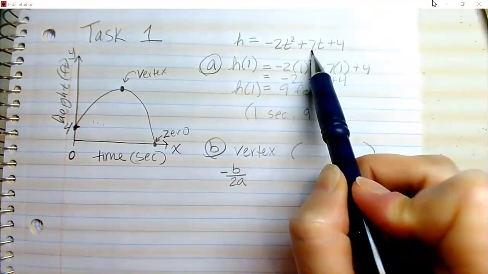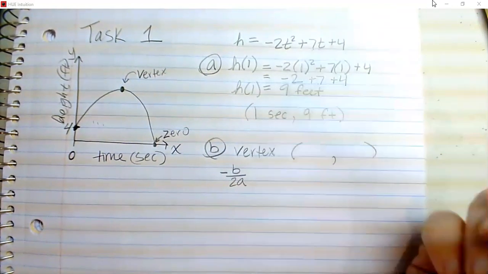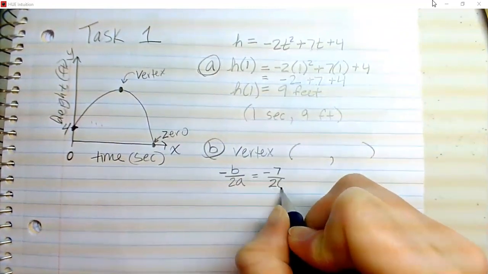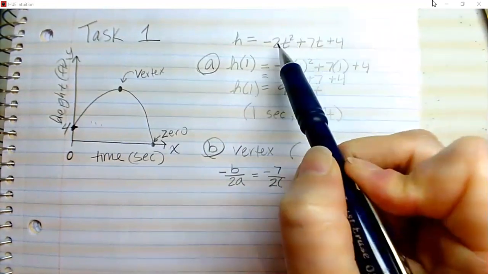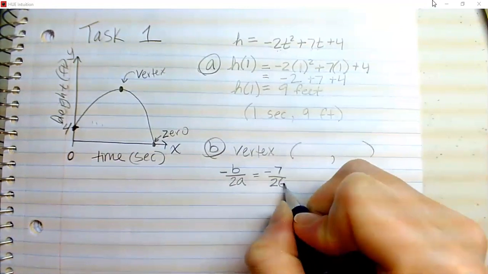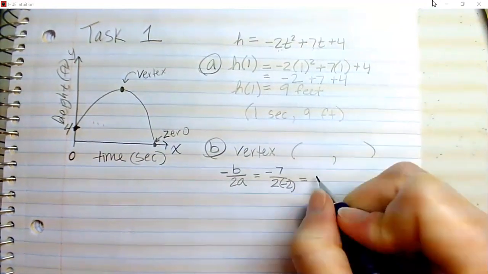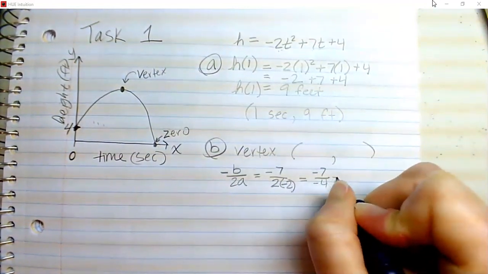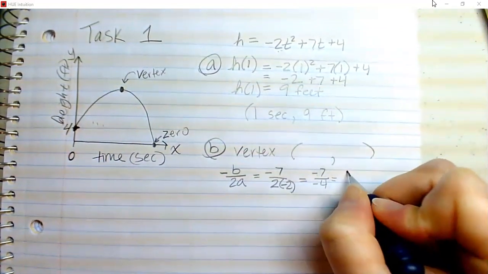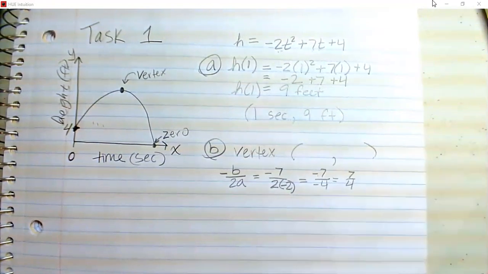B is the coefficient of T, so 7. So negative 7 divided by 2 times, what is A? A is negative 2. That's the coefficient of T squared. So that gives us negative 7 divided by negative 4. Negative divided by a negative is a positive, and this is 7/4.